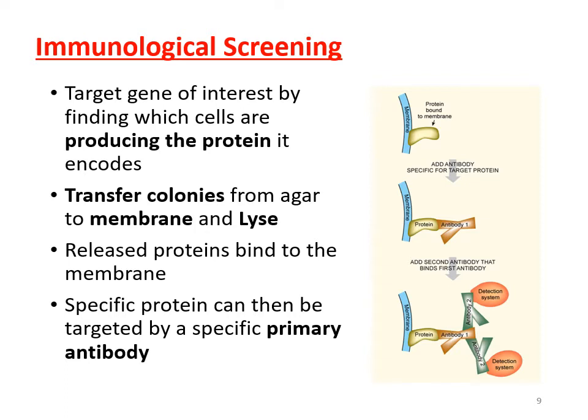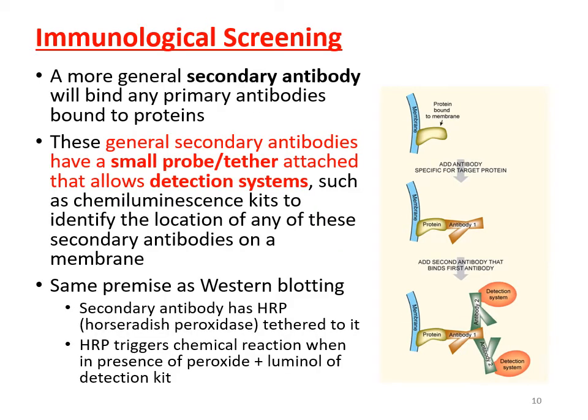So you use a different filter, a very particular membrane filter that the proteins will stick to. And the specific protein that you're looking for, you can then target with a primary antibody, because primary antibodies are specific to exact proteins that you would look for.